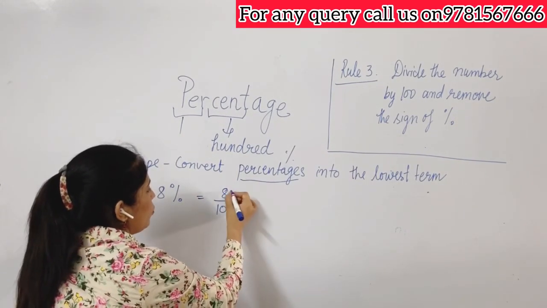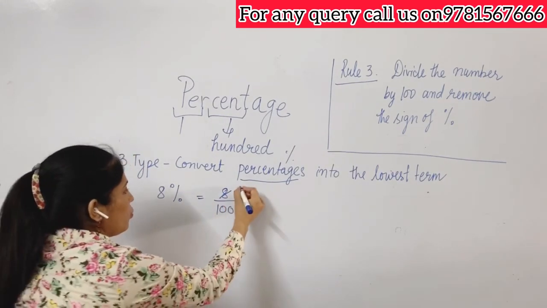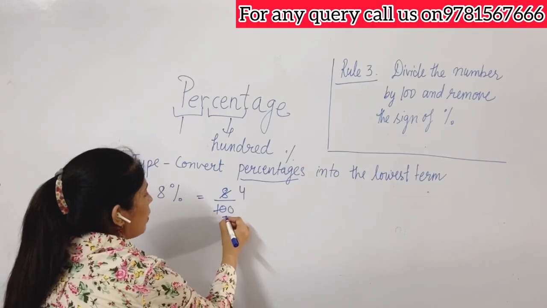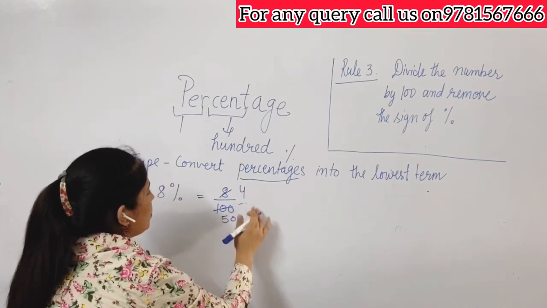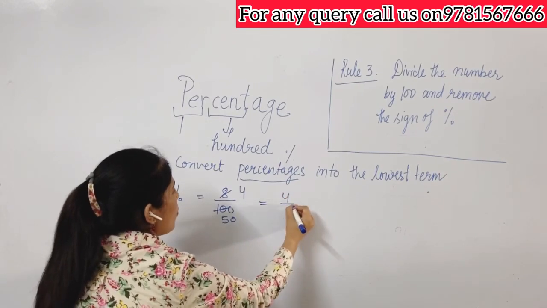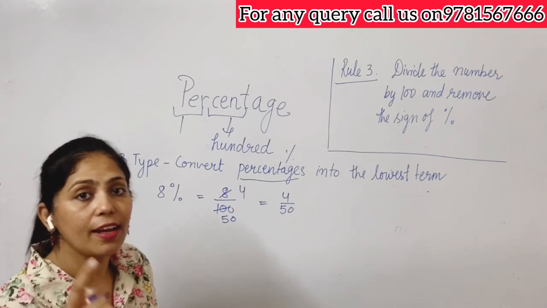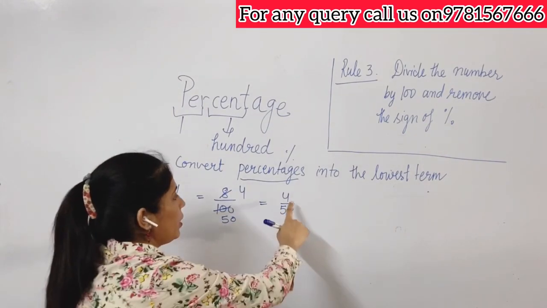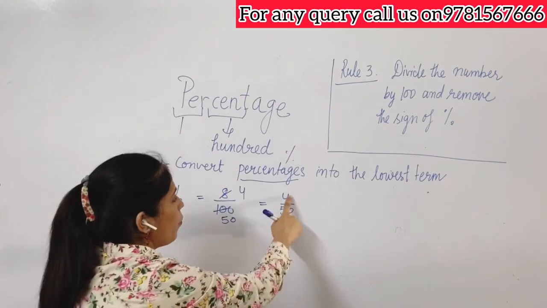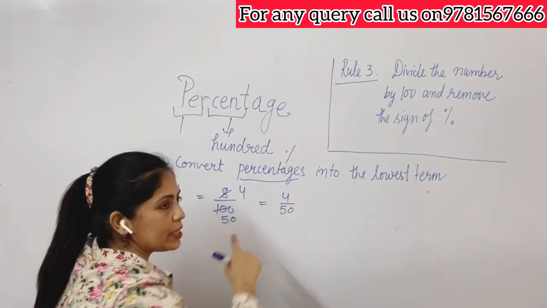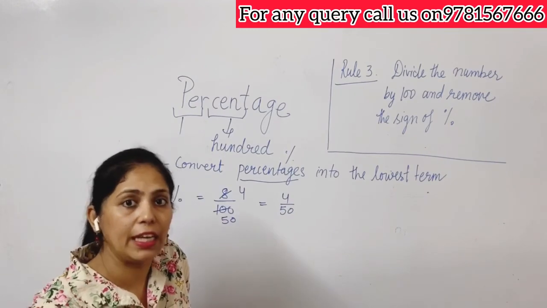Let's divide it by 2 first, for the students who don't know long division. So 2 fours are 8, and 2 fives are 10, 2 zeros are 0, right? So what answer will come here? 4 upon 50. Now again you can apply the rules until it is not divisible, until it is converted into the lowest term. 4 is an even number, 0 is an even number, both are even numbers, so it is divided by 2 again.